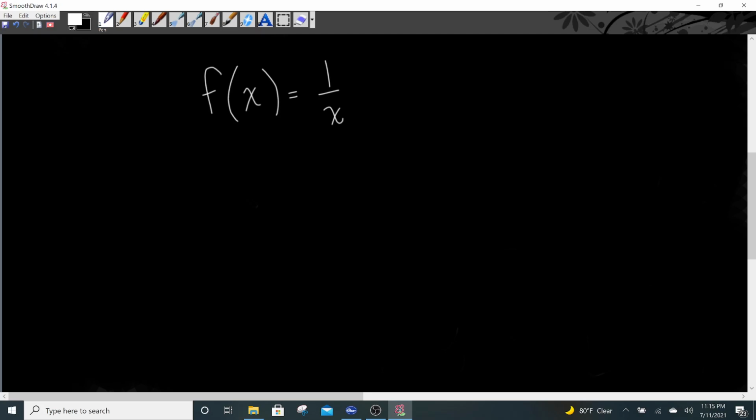Now, perhaps you might have already seen this function. It looks kind of out there. Let me actually draw that graph slightly better. The graph of 1 over x looks kind of like that.